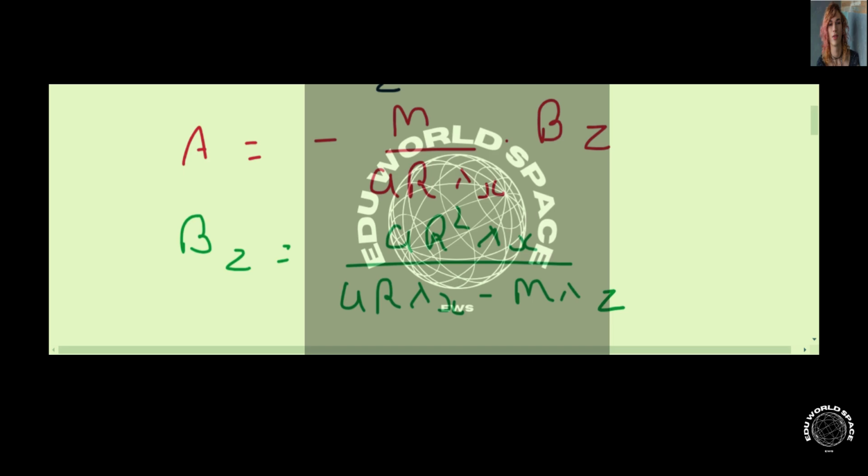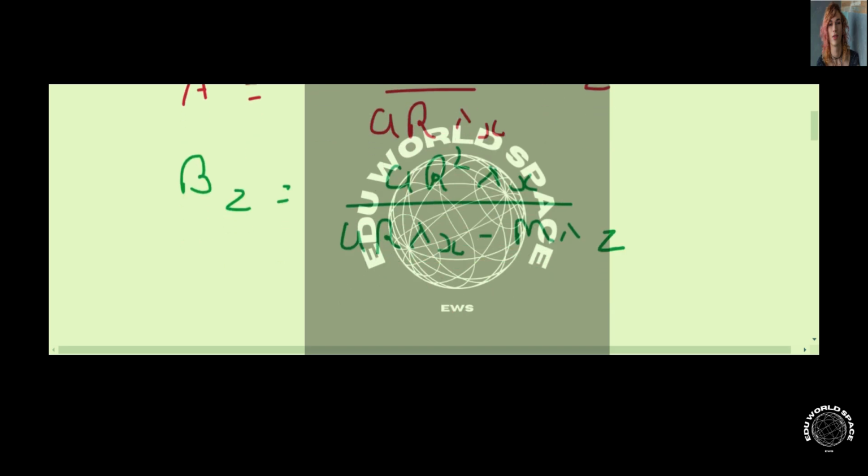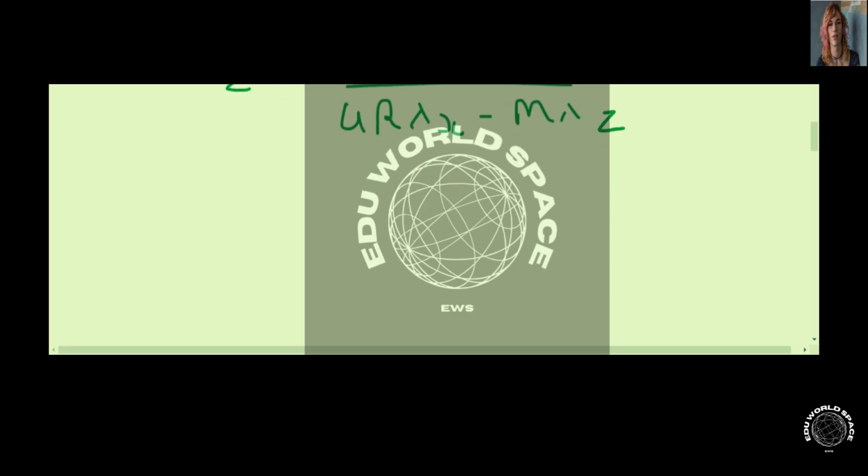Now we can find the final form of the magnitude of FA by substituting Bz into the last expression for A. So A will be equivalent to M R upon minus A R lambda x plus M lambda z.